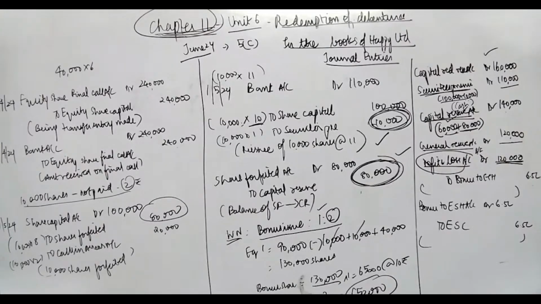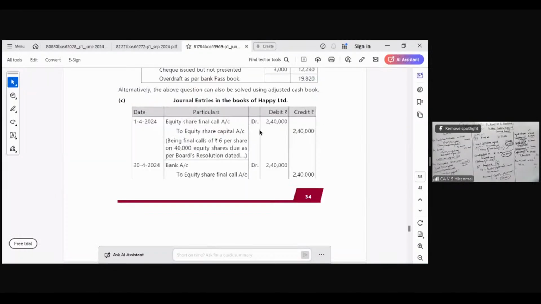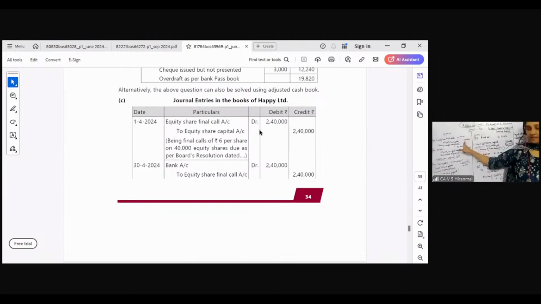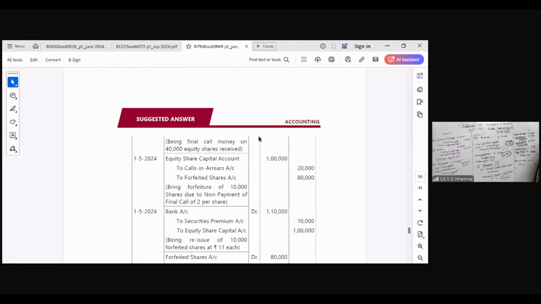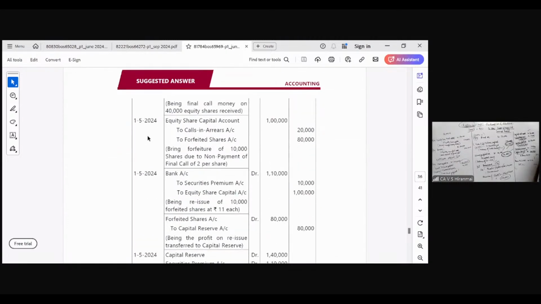All of you, please see this particular suggested answer, the same thing that I am going to show you now. So in the books of, the first thing is the entry that we passed here, they have also passed. Okay. Now please come down a little bit. Bank account is being done. Then the shares forfeiture entry is being done on 1/5. All of you, please see the dates also. 1/5. This is happening.